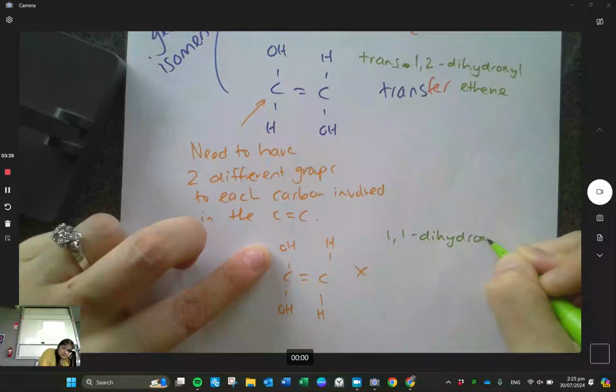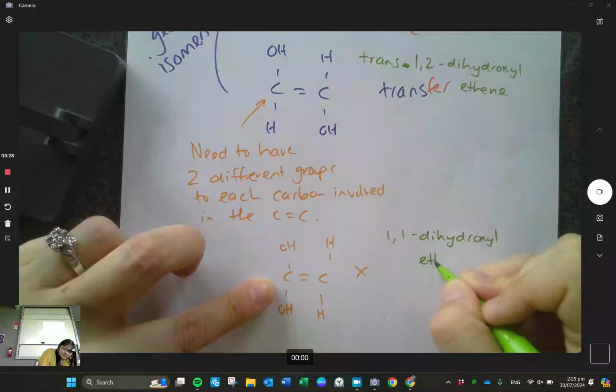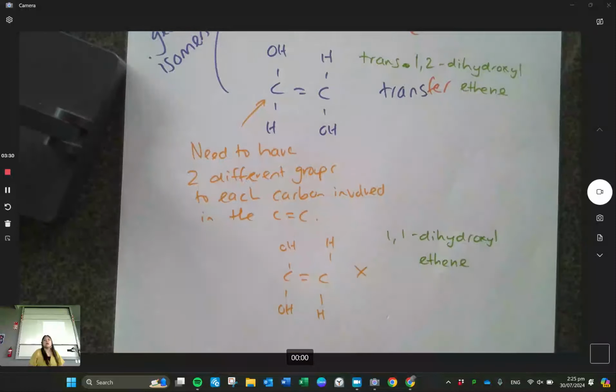Dihydroxyl ethene. Now, I'm not specifying where that double bond is because that double bond can only be in one location. But I'll give you guys a few more examples just to make sure that we are okay with the naming of the alkenes as a refresher and how do we include cis-trans. Okay? All right.